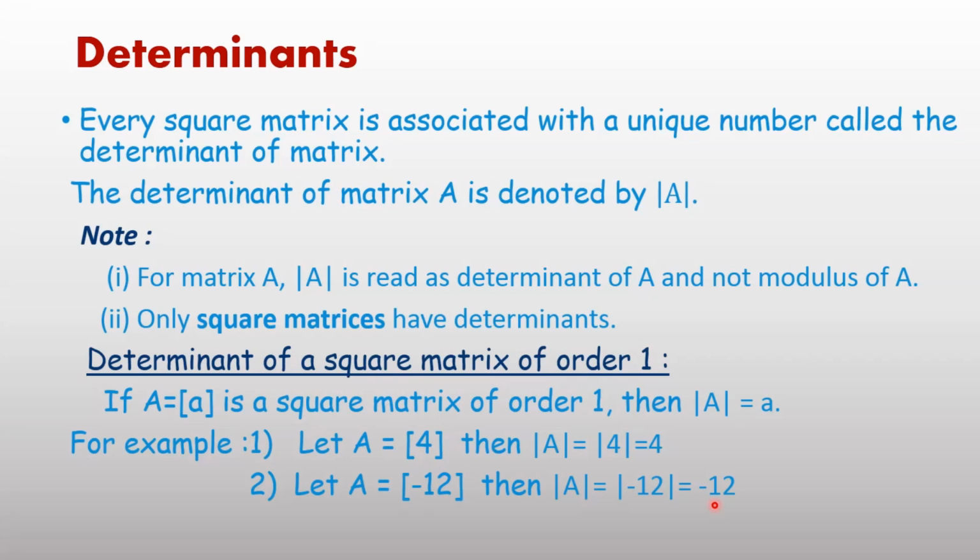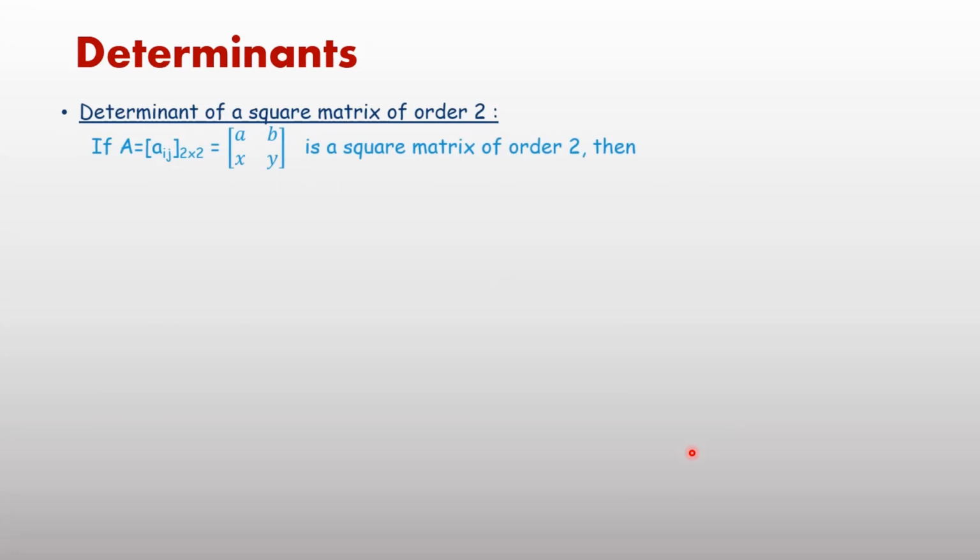Then next, for a square matrix of order 2 by 2. If any square matrix of order 2 by 2 is given as a, b, x, y, what is the position of a?